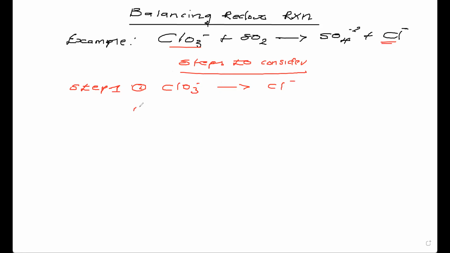Then the second one that we have is sulfur dioxide, producing sulfate. So that is the first step. You need to come up with the two half reactions. So these two are the two half reactions that we have here.